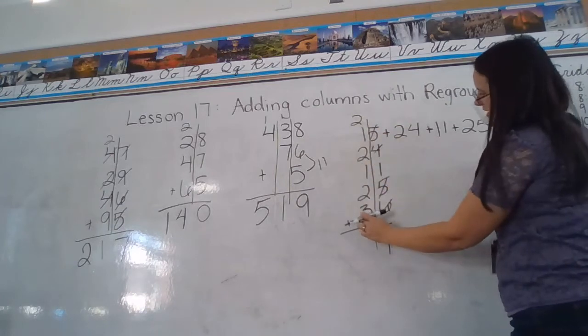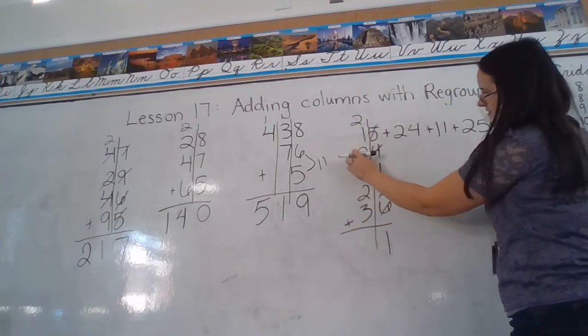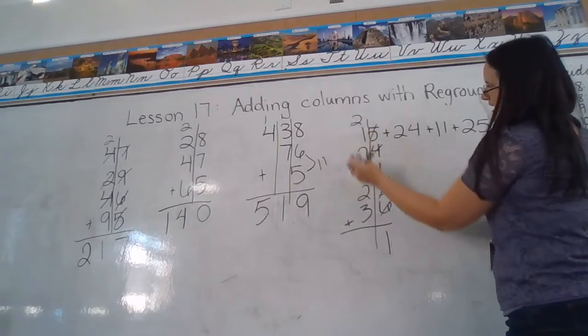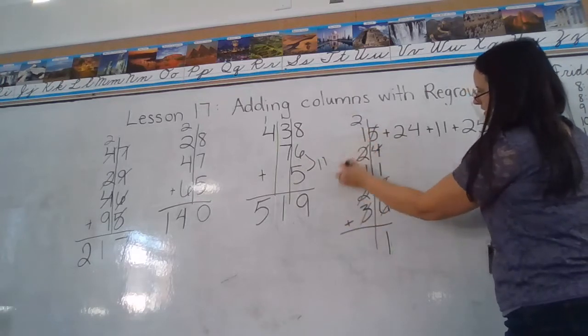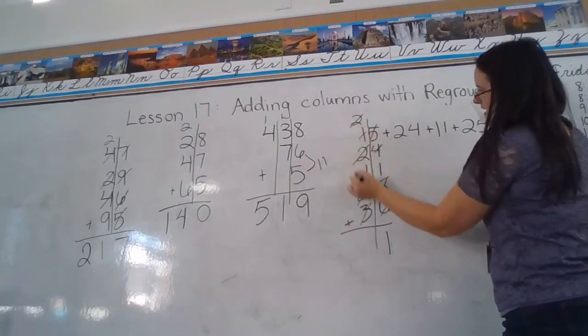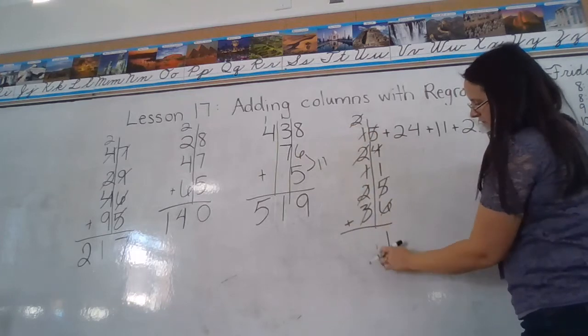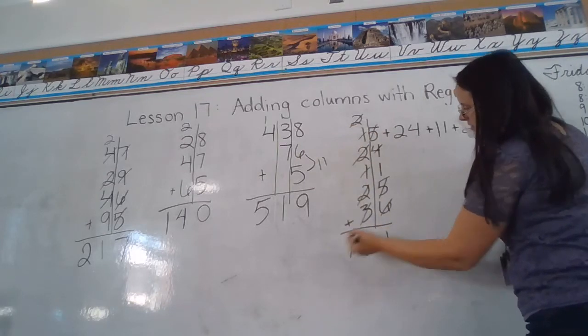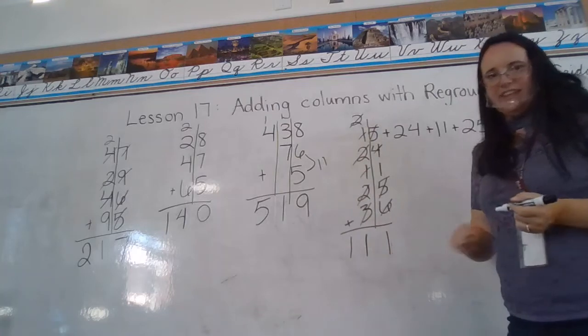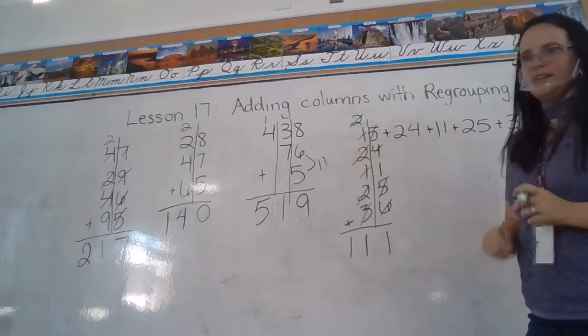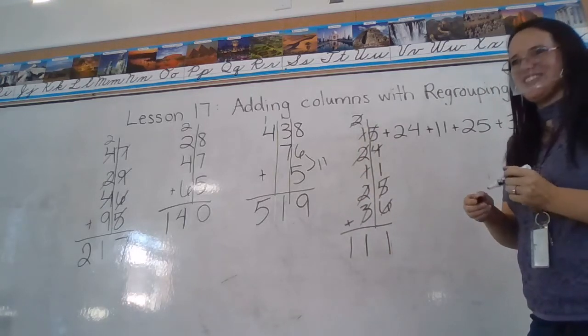So here, 3, 5, 7, 9, 10, 11. I like to cross them out after I add them so that I don't confuse myself and add a number twice. 111. 111 is our answer there.